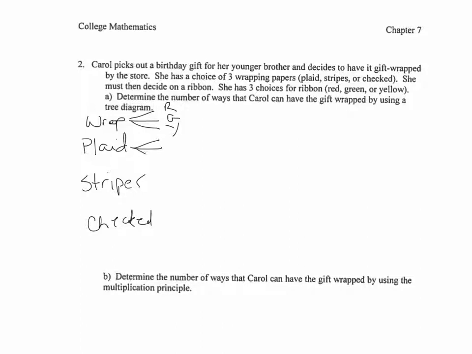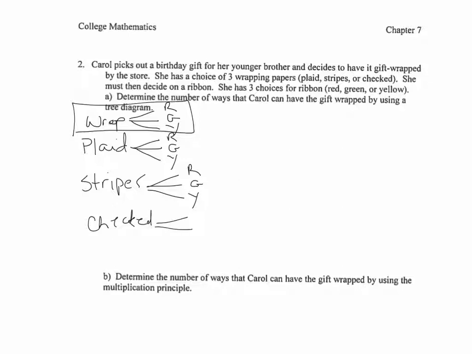And that's going to happen for every one of these different papers. So here's your choice. If it's plaid, it's red, green, or yellow. If she went with the striped paper, then she's either going to choose a red, a green, or a yellow ribbon.